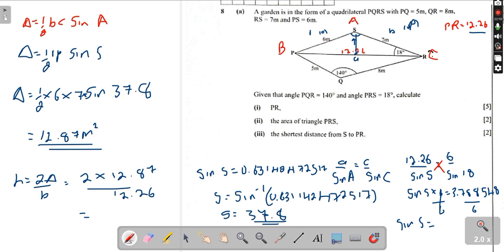So it will be 2 times 12.87 divided by 12.26, and this gives me 2.1 meters as the shortest distance.